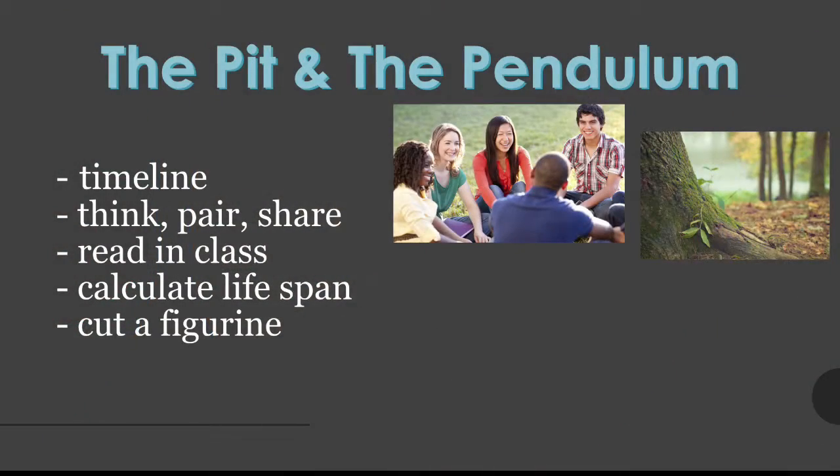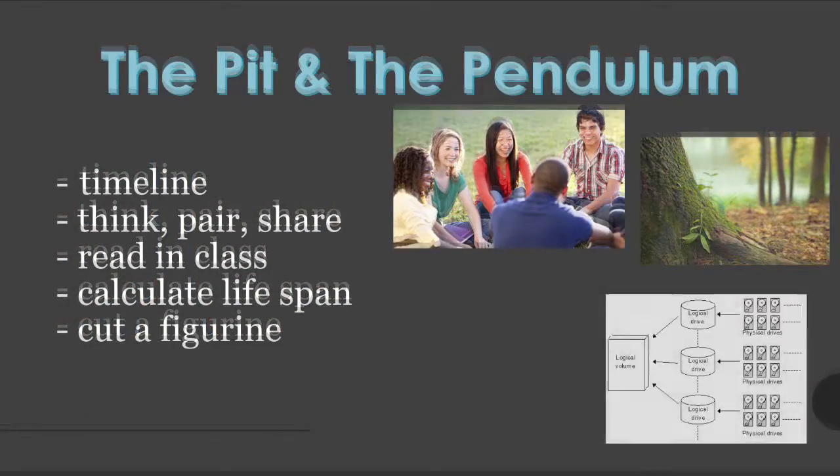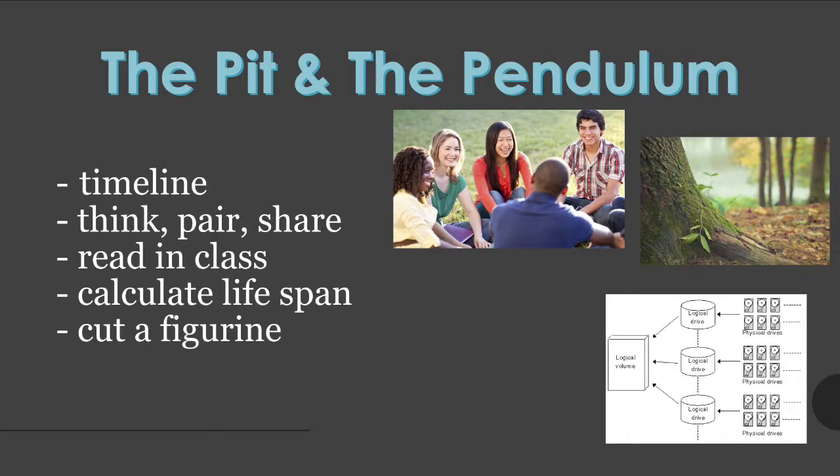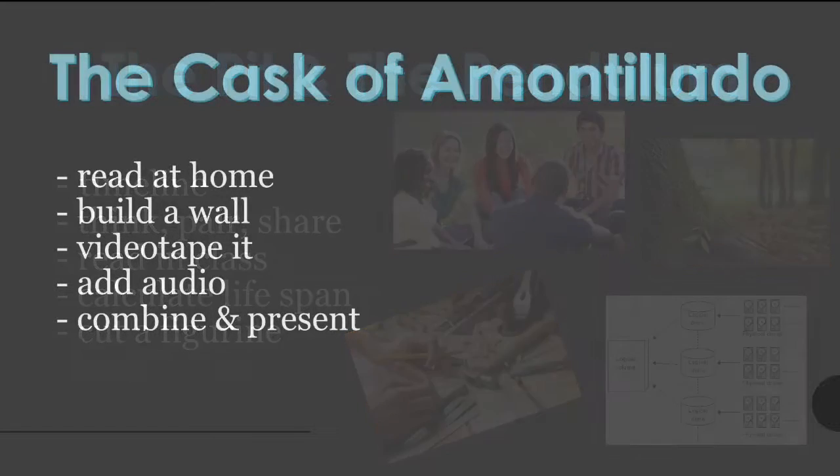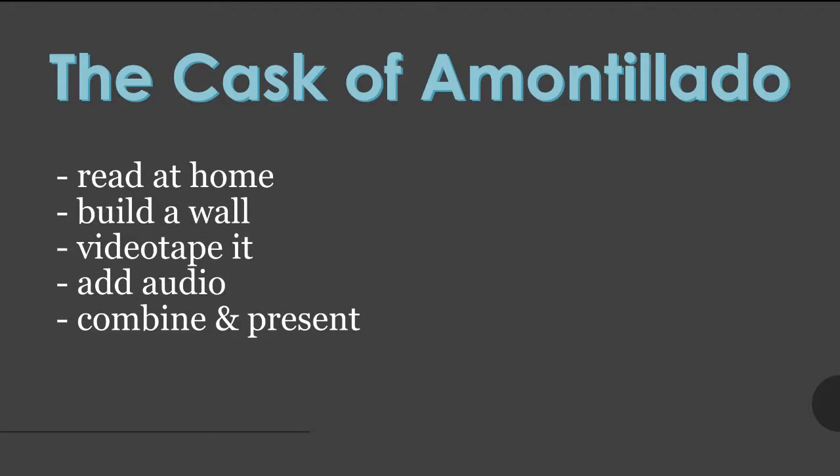So midway through the reading, students will work together to calculate how long the protagonist will live, based off of the height of the ceiling, the speed of the pendulum's descent, and the passage of time as described by Poe. Once the entire story has been read, the class will individually create figurines which carefully show where the pendulum would mutilate our protagonist. Finally, the class will read The Cask of Amontillado.